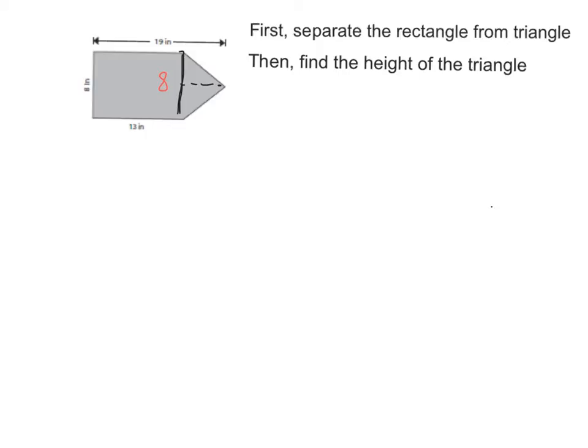And if this is 19 and this is 13, then if we subtract 19 minus 13, we will get the amount that is for the height, which is 6.